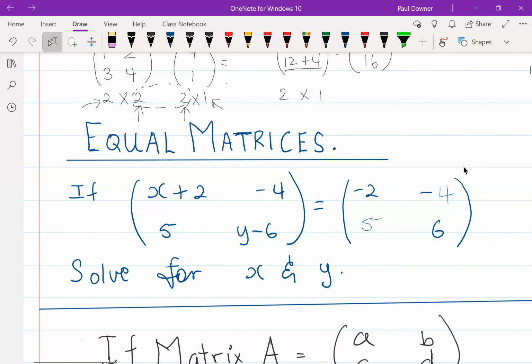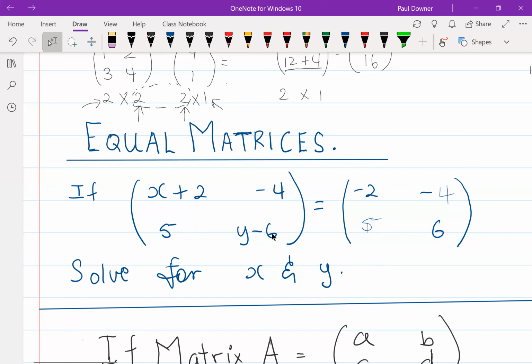So -4 must be equal to -4. Well, that's obvious. Wouldn't really help us though. The first element in the second row on the left is 5, and that must be equal to the first element in the second row on the right, and 5 equals 5. That's correct as well.